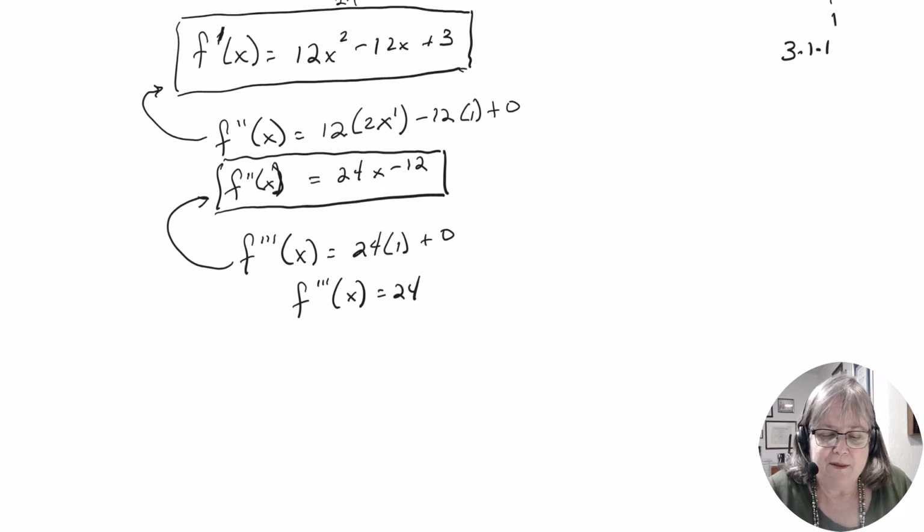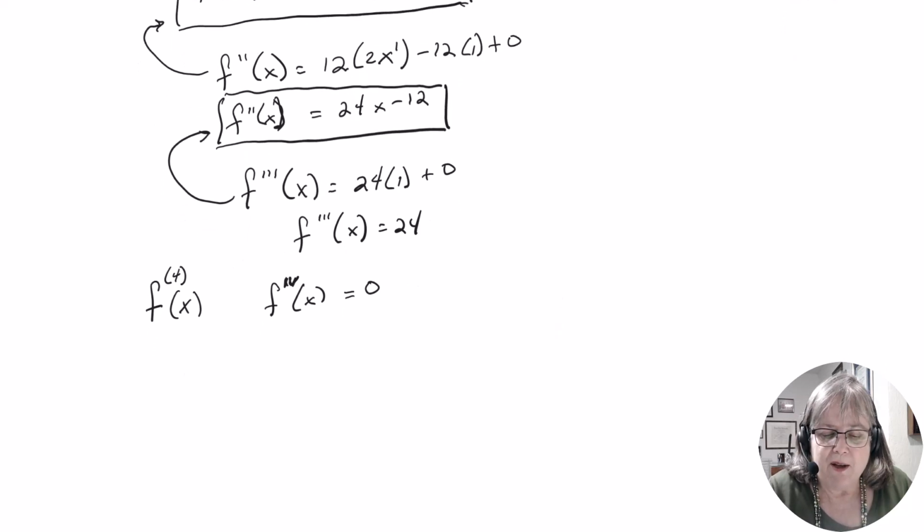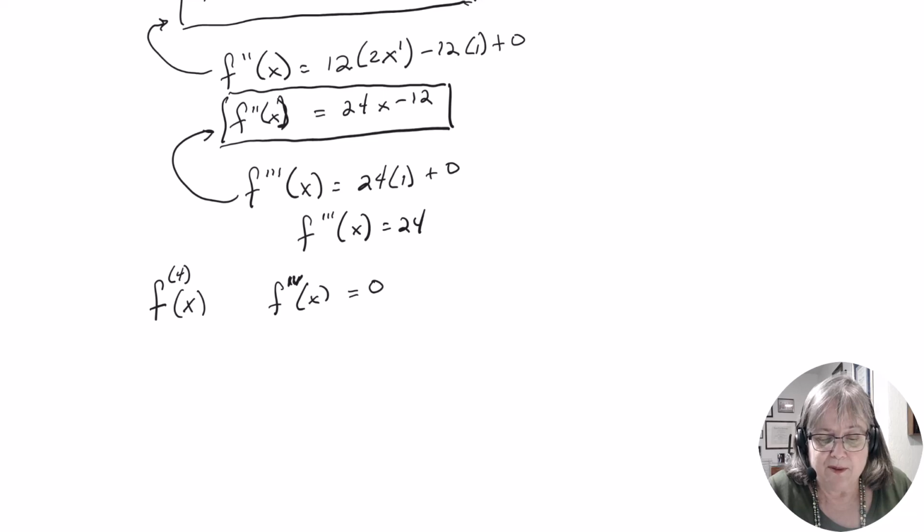Now, after they get to these 3 little hash marks for the third derivative, I've seen it to where they either go f and they put a little 4 right here, or they'll put f and put a Roman numeral 4 right there. So this is supposed to be a 1 and a v for that Roman numeral. So the derivative of a constant is 0, and so the derivative of 0 is 0.